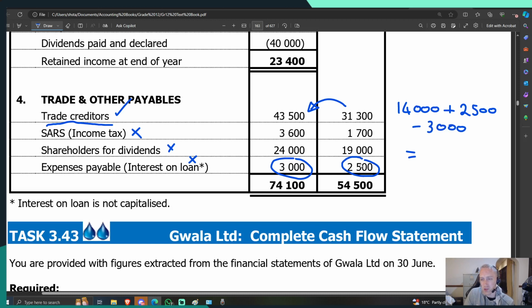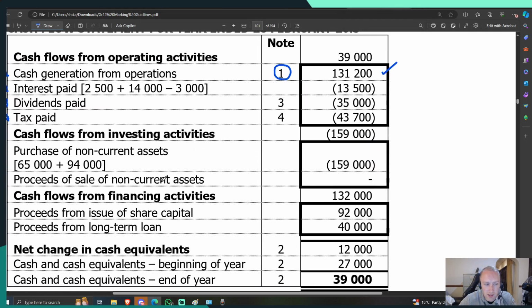And that will give us a total outflow of cash for interest expense of 13,500. Let's look at it in the marking guidelines. 13,500 interest paid. Right, the 2,500 from the beginning of the year plus the 14 for this year minus the 3,000 we hadn't yet paid, 13,500.